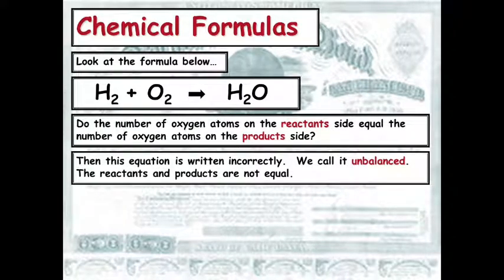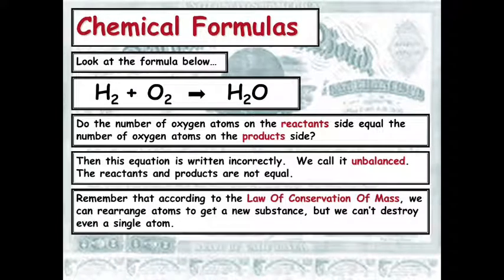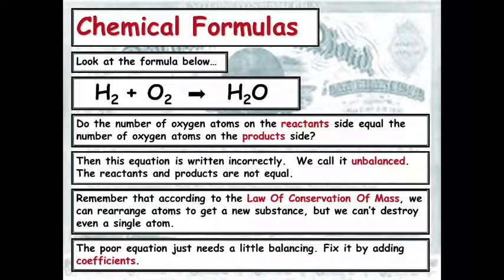So it is unbalanced, and I just showed you how to balance it. You balance it so it obeys the law of conservation of mass. Just like that. We added the coefficients in front of hydrogen and in front of water. Now it is balanced and it obeys.